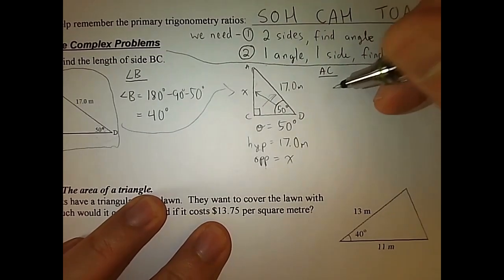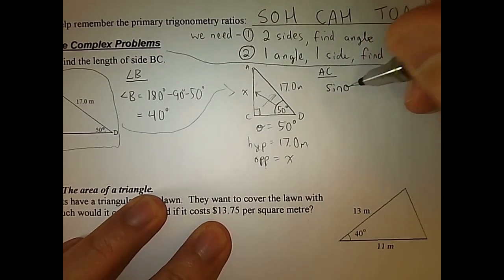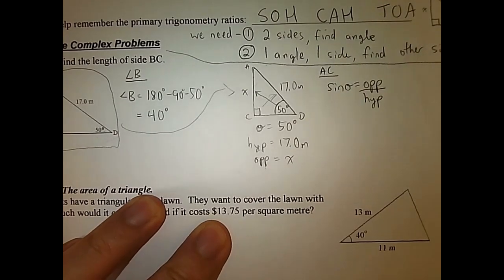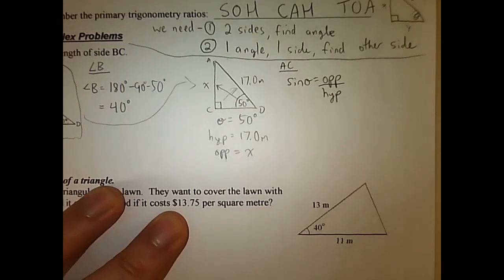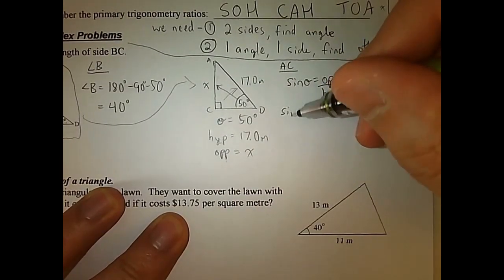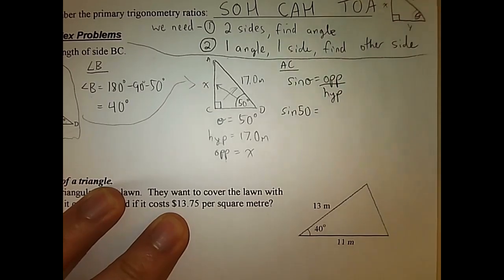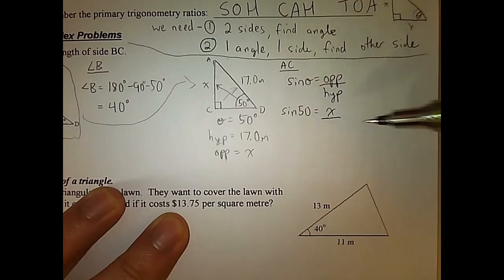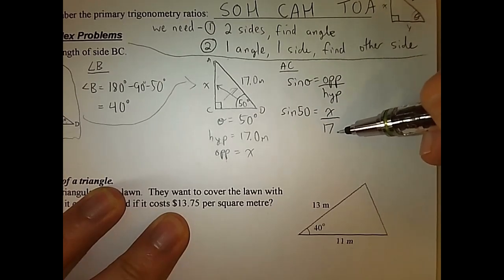So we said that's going to be sine theta is equal to opposite over hypotenuse. And then I'm just going to plug in everything I know. Well, I know theta is 50. The opposite is x. And the hypotenuse is 17.